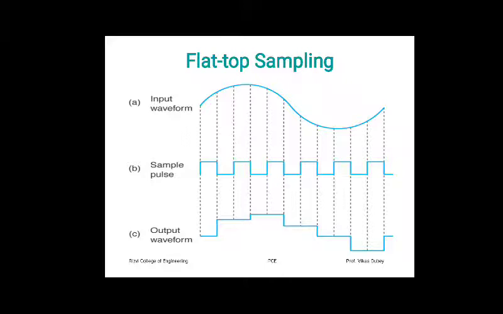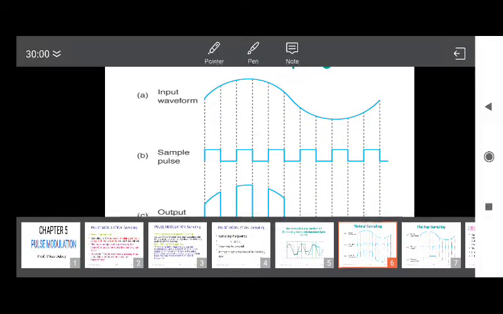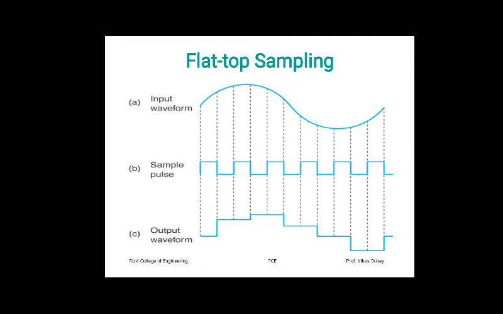While in flat top sampling, where the input waveform and the sample pulses are there in the same way, the output waveform will maintain the amplitude of the sample until the next sample. We can see here at the starting the amplitude is 0, so that 0 amplitude is maintained to the next sample value.